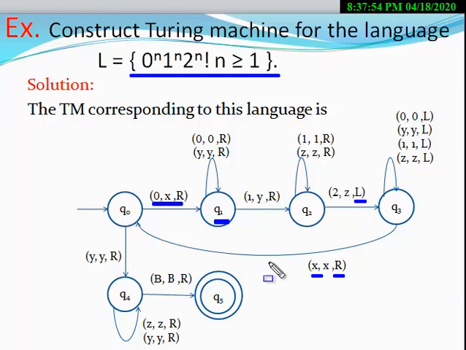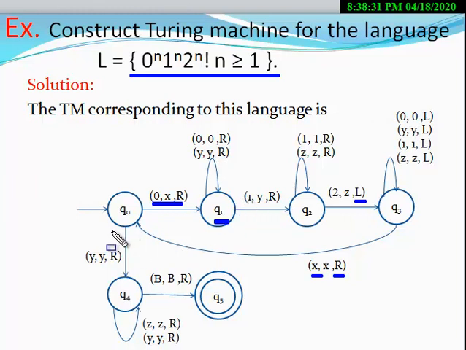Now this loop will continue and remove all the 0s, 1s and 2s from the tape. When any tape symbol is removed, either 0 or 1 or 2, then we check whether all other tape symbols are removed or not. If the other tape symbols are also removed, then that string will be accepted. How can it be found?